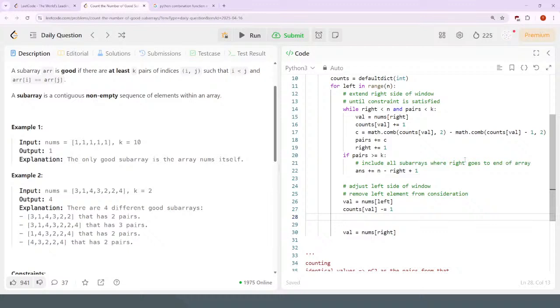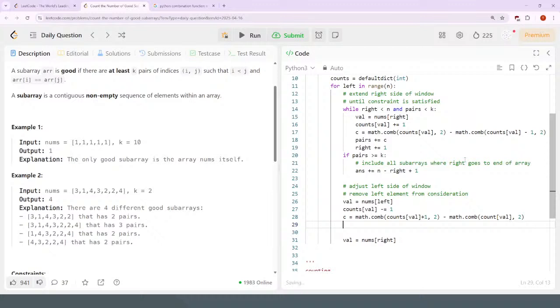The number of combinations that you remove by removing it would be the difference between the number of previous combinations of that value choose 2 minus the number of new combinations of the current count.